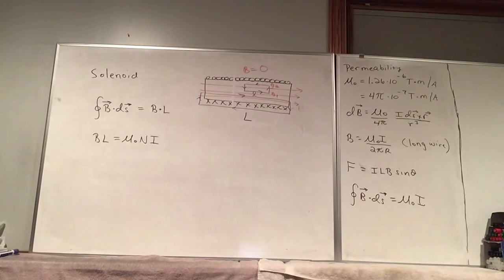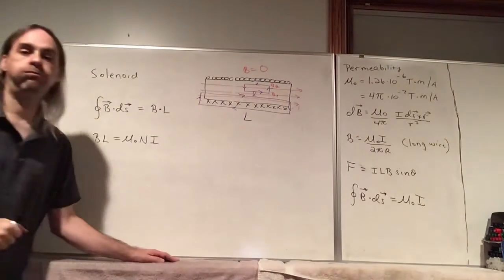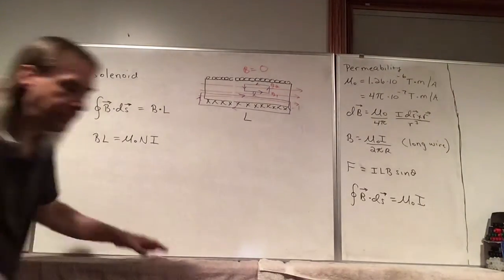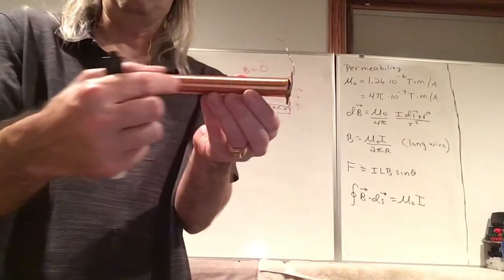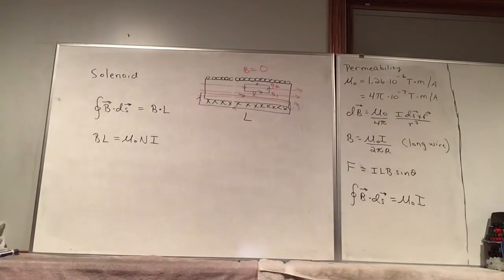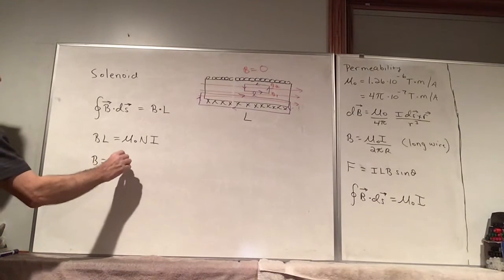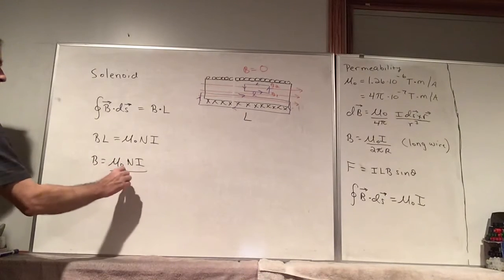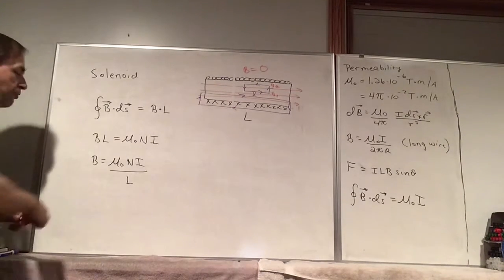So let's say that N is the number of times that this wire crosses, basically the number of loops we have. So again, if we look at the whole solenoid, you can just count loops going down the solenoid. N is the total number of loops. And if we solve for the magnetic field, we get B is equal to mu naught N I over L. Now, this is usually written this way.